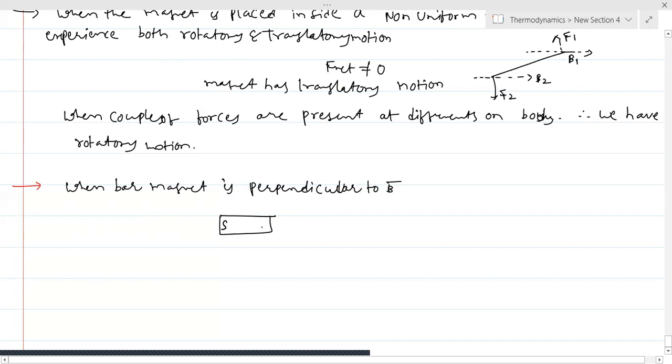This is the south and this is the north. In this way we take M bar, and this is perpendicular to the magnetic field B bar. The angle between M bar and B bar is theta. So theta is 90 degrees and sine theta is 1. This is the maximum value it possesses. So therefore we get C maximum equal to MB.